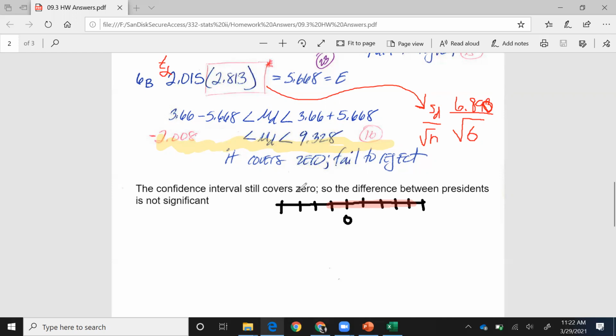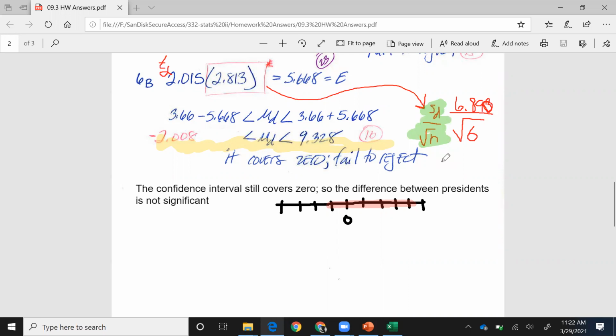Remember we talked before about why they're equivalent methods. I want to finish in a good time. We talked about the reason why they're equivalent methods: because they use the same distribution and the same standard error.